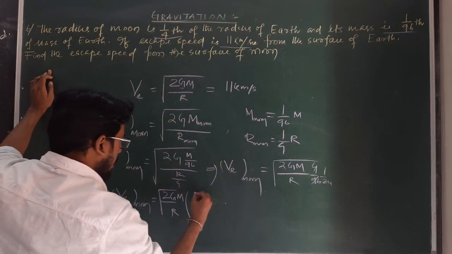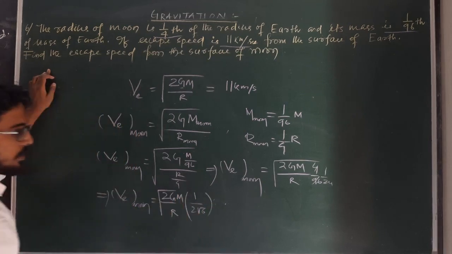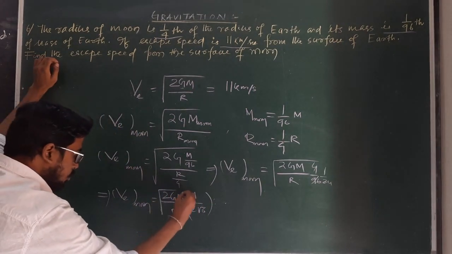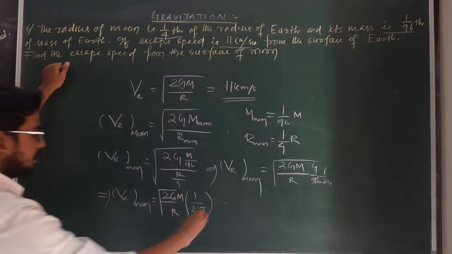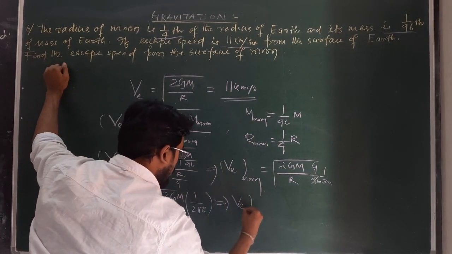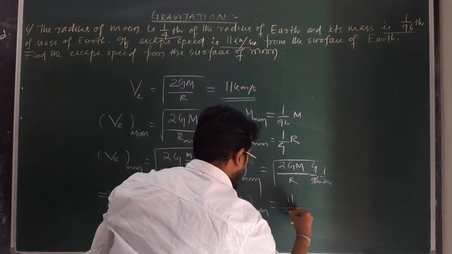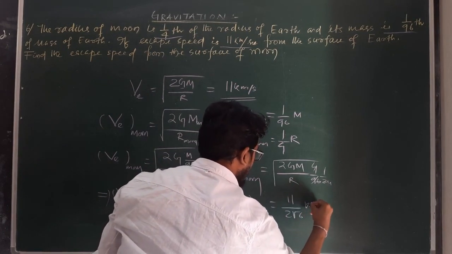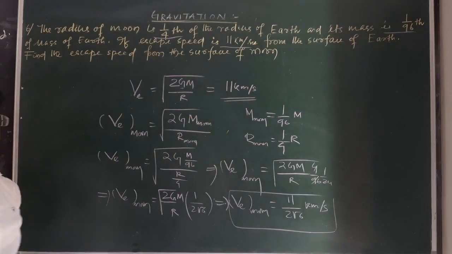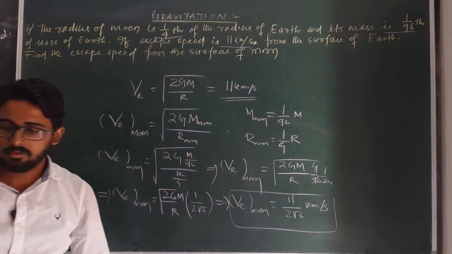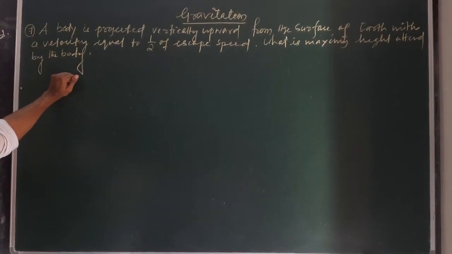So root of 1 by 24 equals 1 by 2 root 6. Clear? So what is under root 2GM by R? This is given as 11 kilometer per second. So the escape velocity for moon will be 11 by 2 root 6 kilometer per second. So this is the required expression for escape velocity for moon.